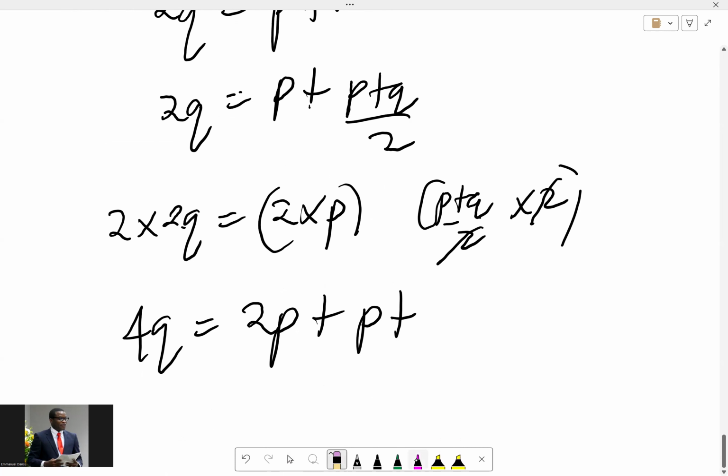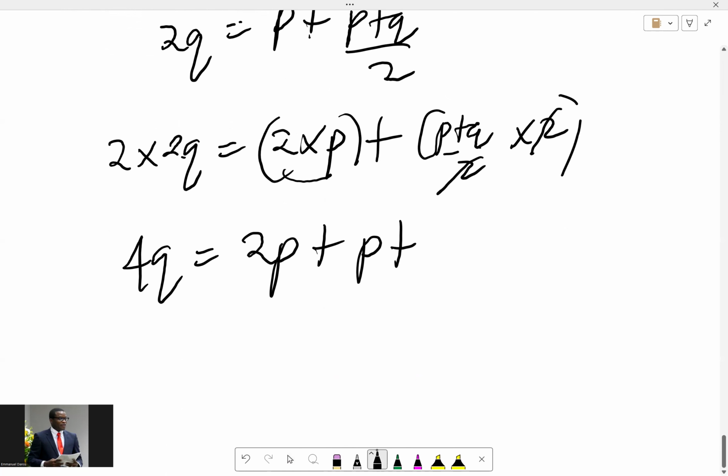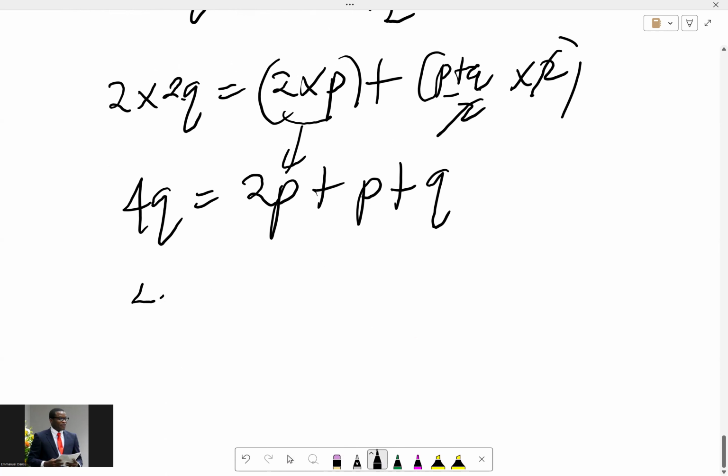So 2P plus P plus Q gives 4Q equals 3P plus Q.